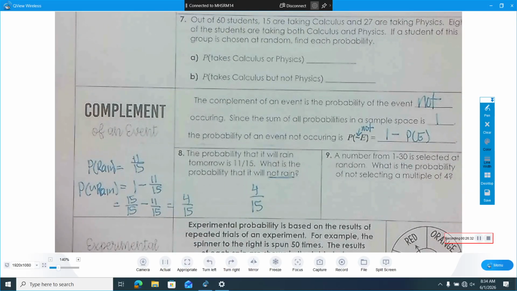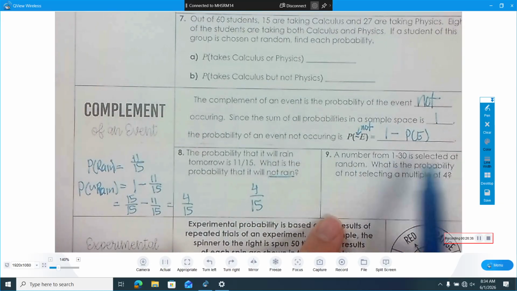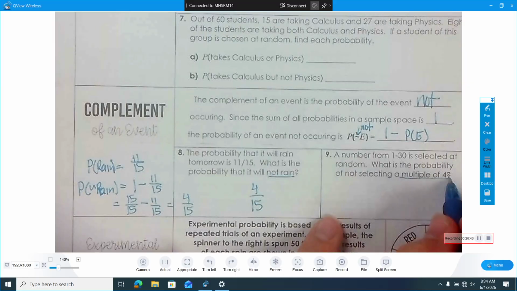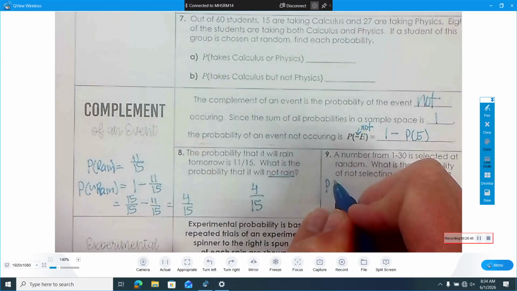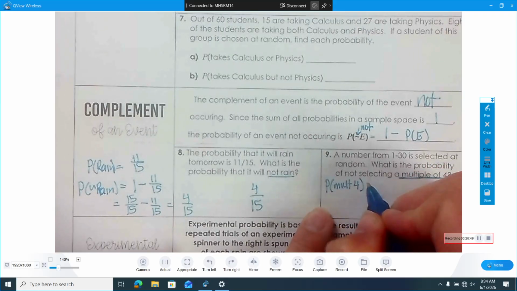All right. Let's look at number 9. A number from 1 to 30 is selected at random. What is the probability of not selecting a multiple of 4? This one's going to be a little harder to figure out. So I'm going to start by finding the probability of a multiple of 4.